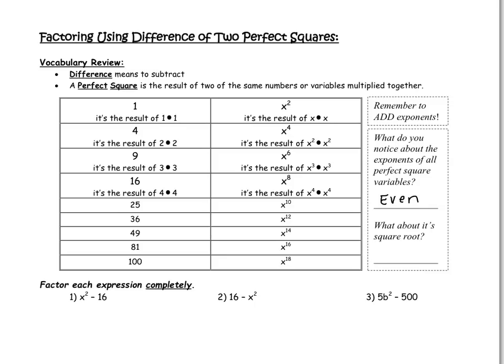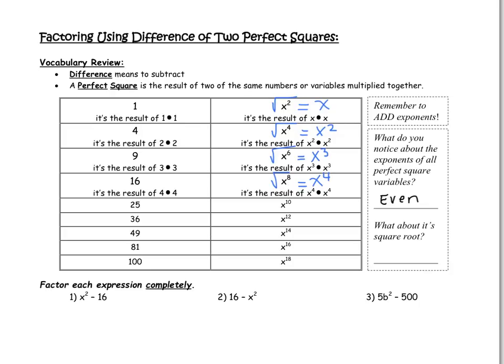Now, what about its square root? So what do I mean by that? If I took the square root of x squared, I get x, because x times x gives me x squared. If I take the square root of x to the 4th, I get x squared. If I take the square root of x to the 6th, I get x to the 3rd. So what do you notice? Well, let's try one more. The square root of x to the 8th would be x to the 4th.